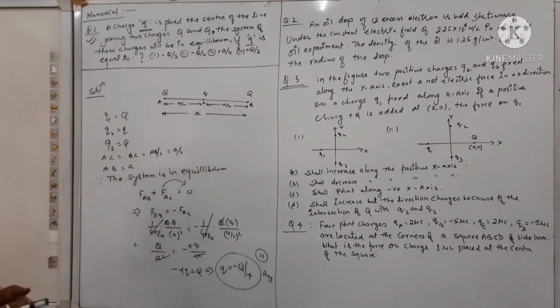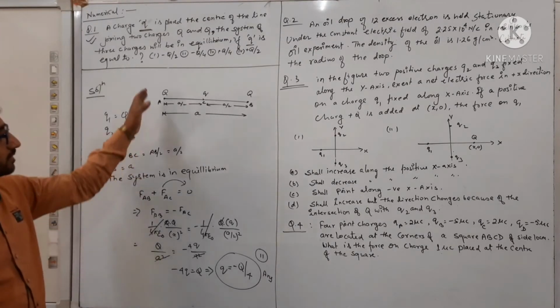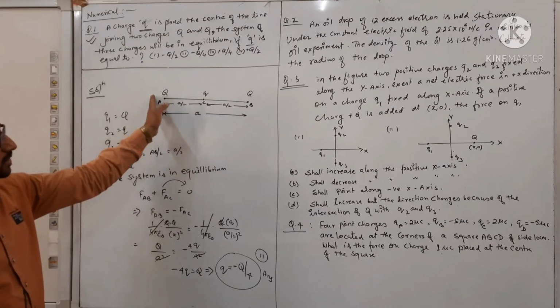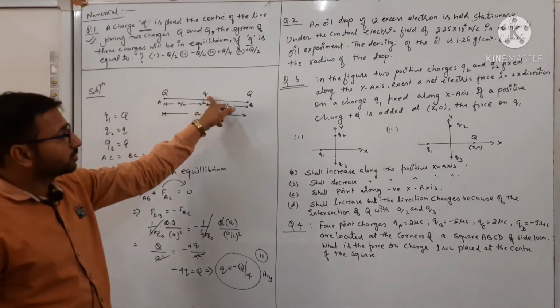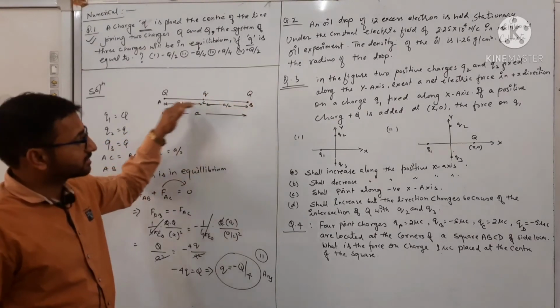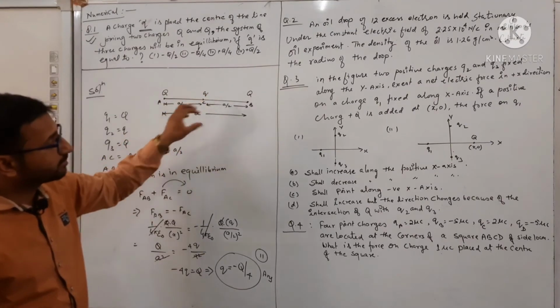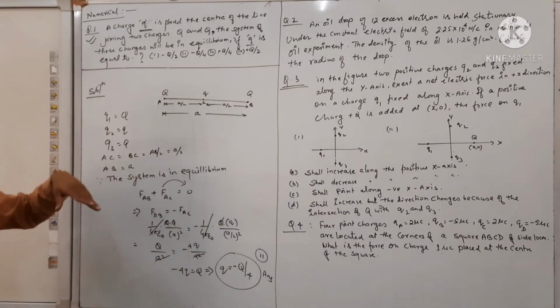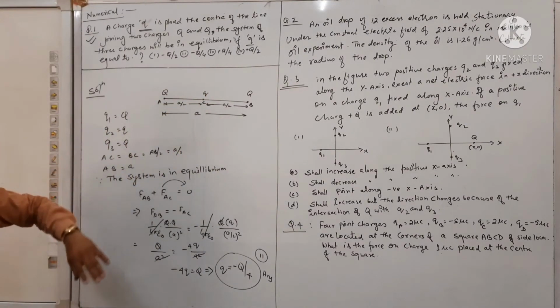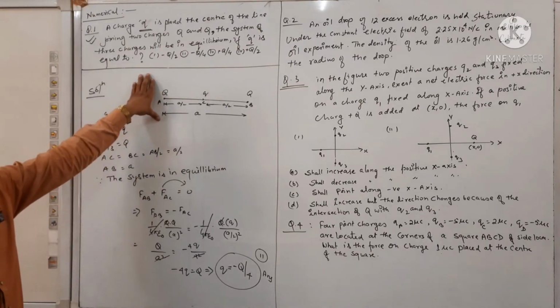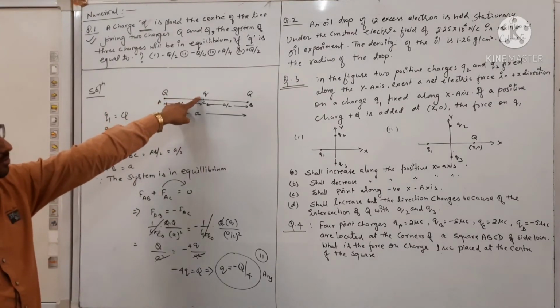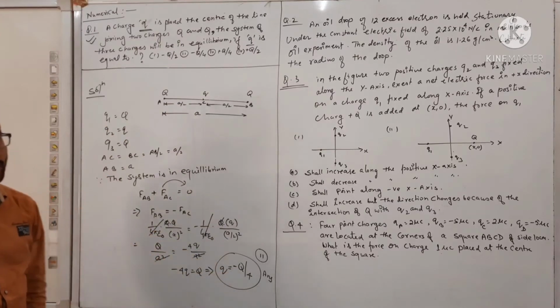The other mode of this question will be such that show or prove that if the three charges Q, small q and capital Q are in a straight line such that q is at the midpoint of the line joining A and B, the system is in equilibrium if the charge q is equal to negative Q by 4.